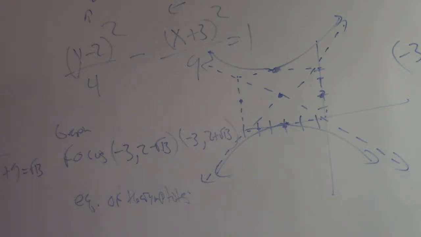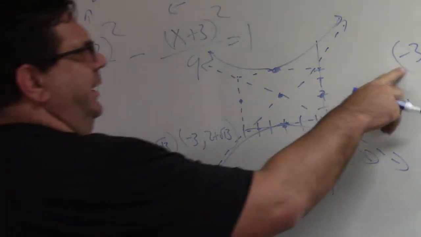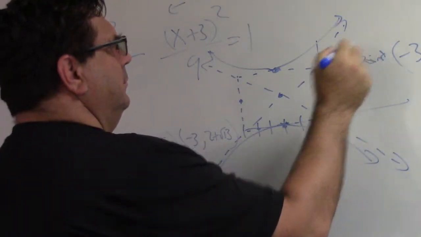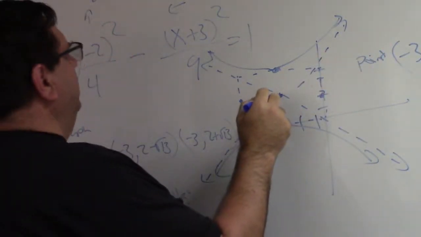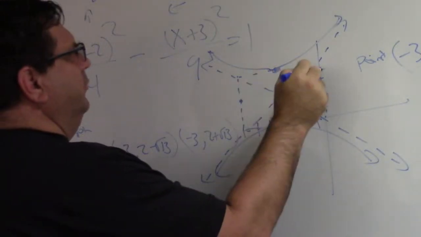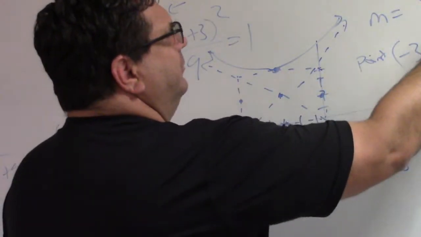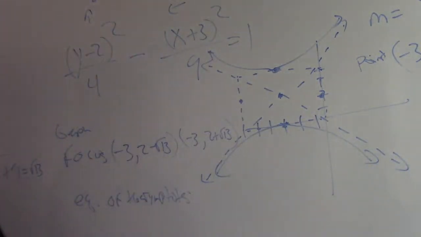All right, now what are the equations of the asymptotes? Your point is negative 3, 2, and then you're going up 2 over 3. So your slope is 2/3 and negative 2/3. Do we agree?